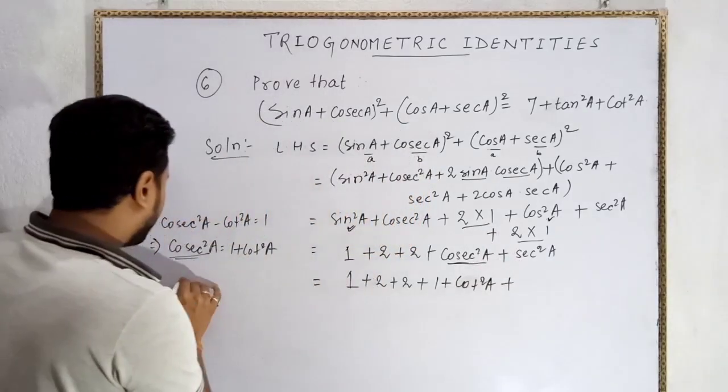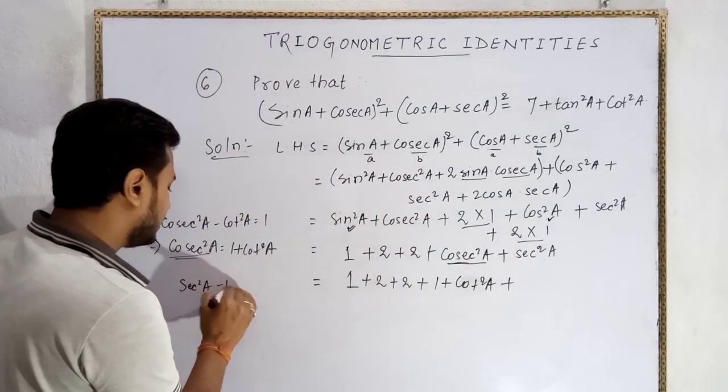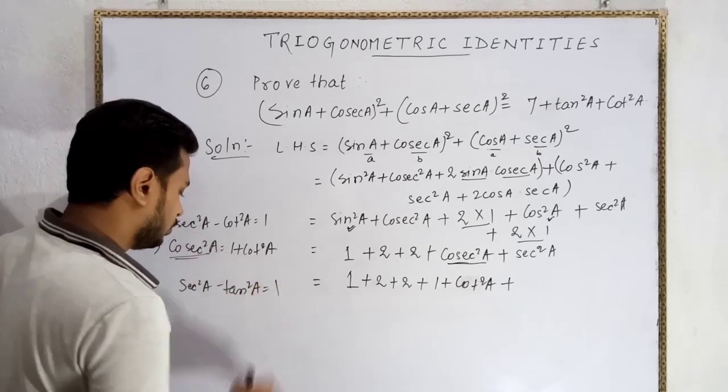Also we know that sec square A minus tan square A is equal to 1.